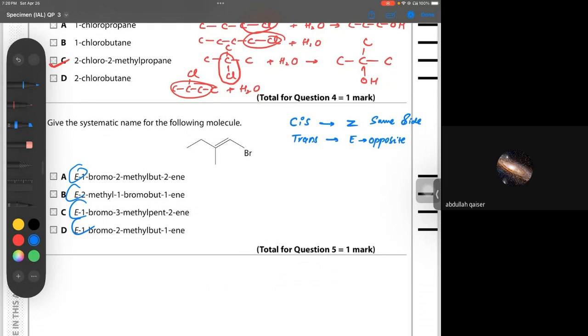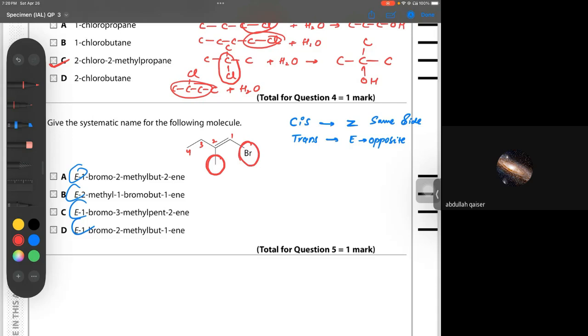So it's easy. Then you have to give the name. Of course, the functional group is our priority. So I would say it's 1, then 2, then 3, then 4. So 2 methyl and 1 bromo.